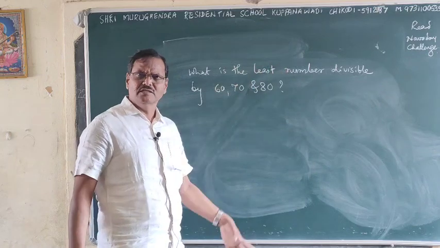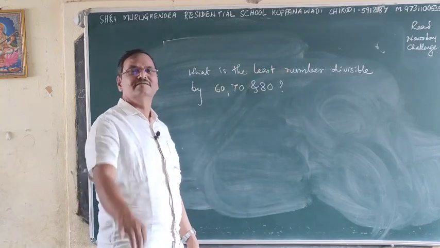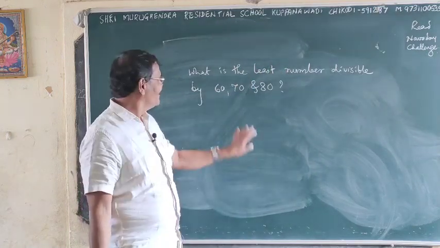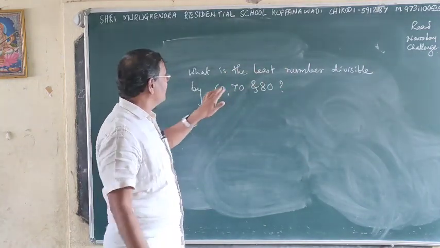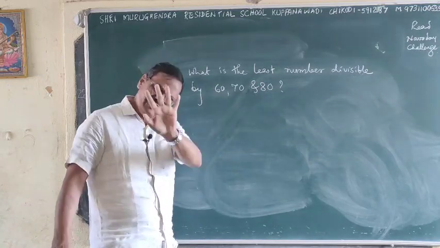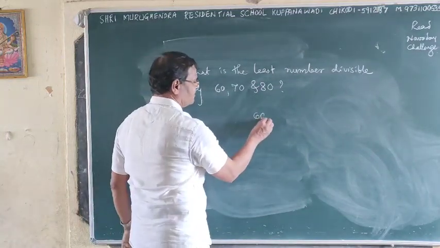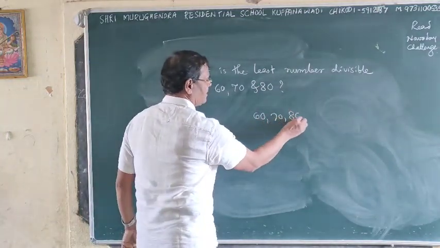LCM is not asked here, whereas it is LCM only. What is the least number divisible by these numbers? It means LCM. So find the LCM, you will get that.